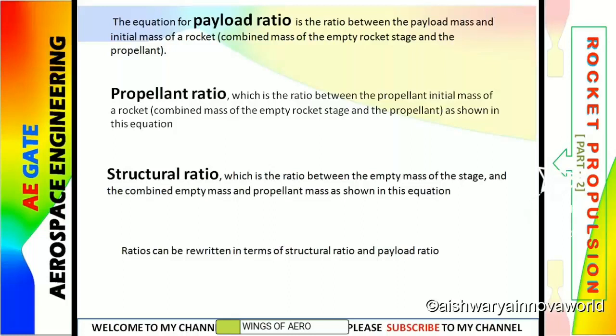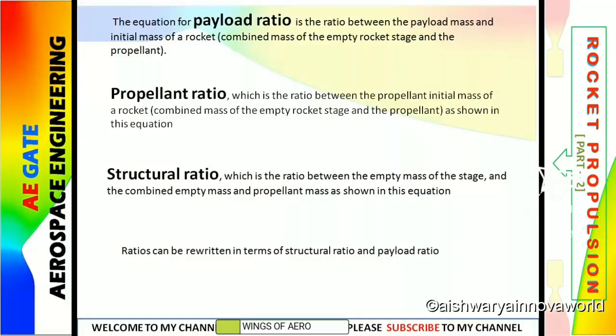Always keep in mind that the total mass is in the denominator, which has the highest value compared to the others. Similarly, in all those ratios, the total or initial mass will be in the denominator.